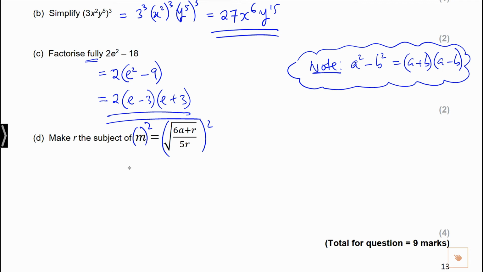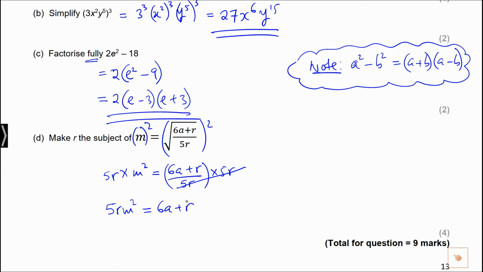So you'll end up with m squared is equal to 6a plus r over 5r. And then basically multiply both sides by 5r. So this cancels, and you'll end up with 5r m squared will be equal to 6a plus r.